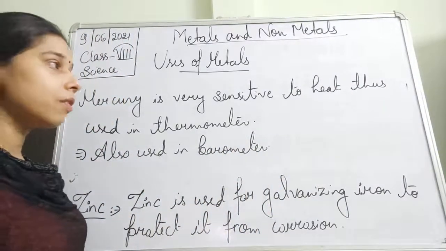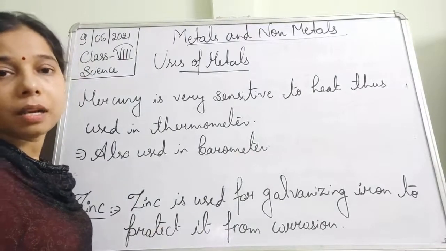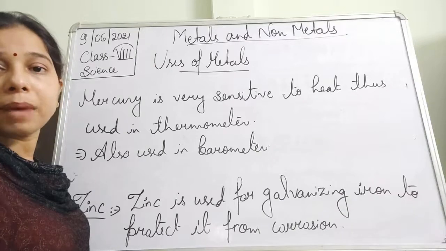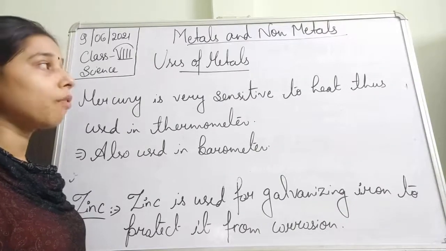Mercury very sensitive to heat, thus it is used in thermometer as well as it is also used in barometer. This is the uses of the metal.